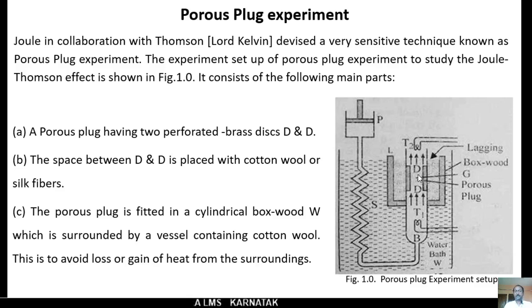The porous plug is fitted in a cylindrical box of wood which is surrounded by a vessel containing cotton wool. This is to avoid loss or gain of heat from the surroundings. Totally, this cotton wool avoids the loss or gain of heat from the surroundings.